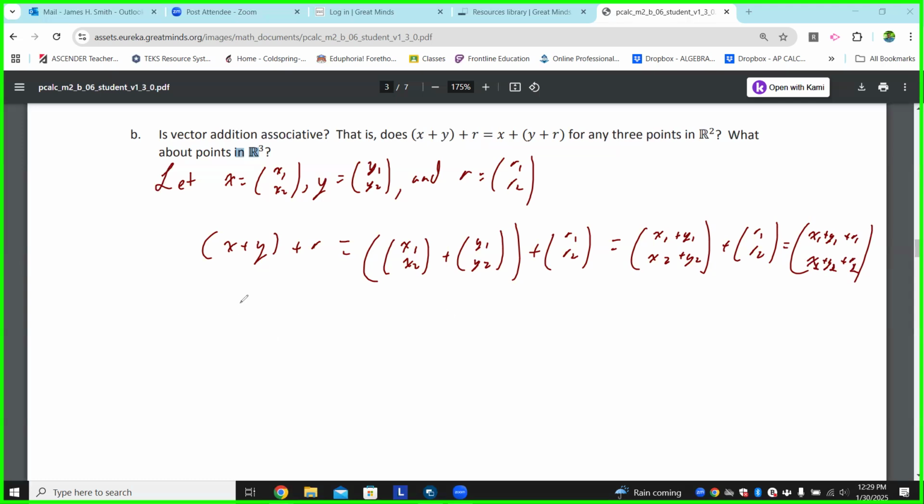What I want you to do now is prove that this will give me the same result. So go ahead and try that. If I got the left side, you prove the right side. Do they equal, yes or no?